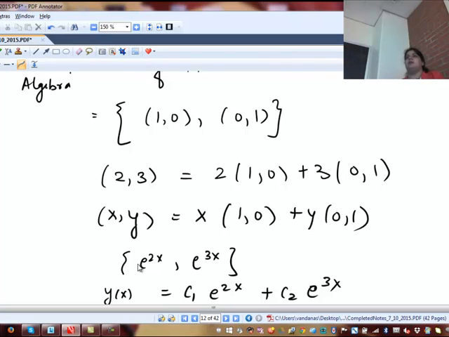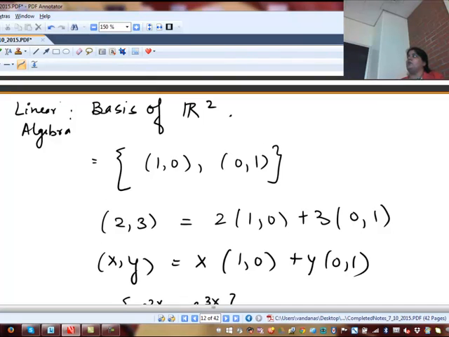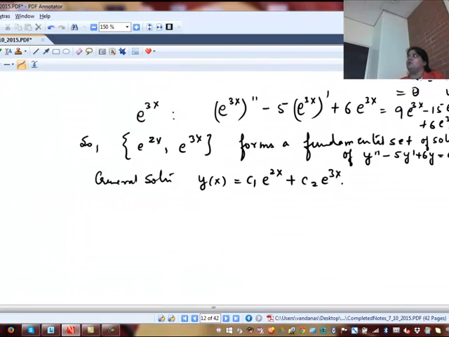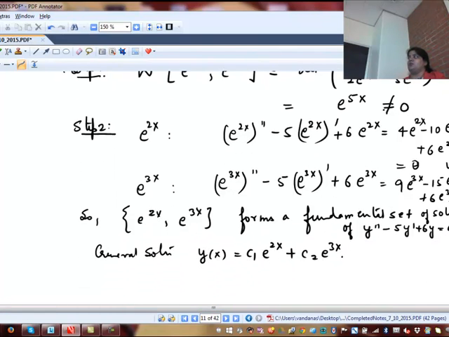Fundamental set is nothing but a basis for the family of solutions. The vector space now is not R2, it's the entire family of solutions of that differential equation, and the basis is the fundamental set which you are trying to find. You found e to the power 3x and e to the power 2x is a basis, and if you take a linear combination of it, you get every solution of this differential equation.